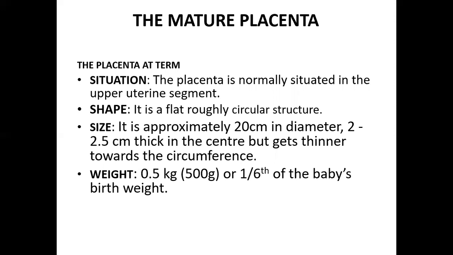And apart from this, it's also very important to take note that the placenta itself is 2 to 2.5 centimeters thick in the center, but gets thinner toward the circumference. The weight is approximately 500 grams, or 1/6 of the baby's birth weight.